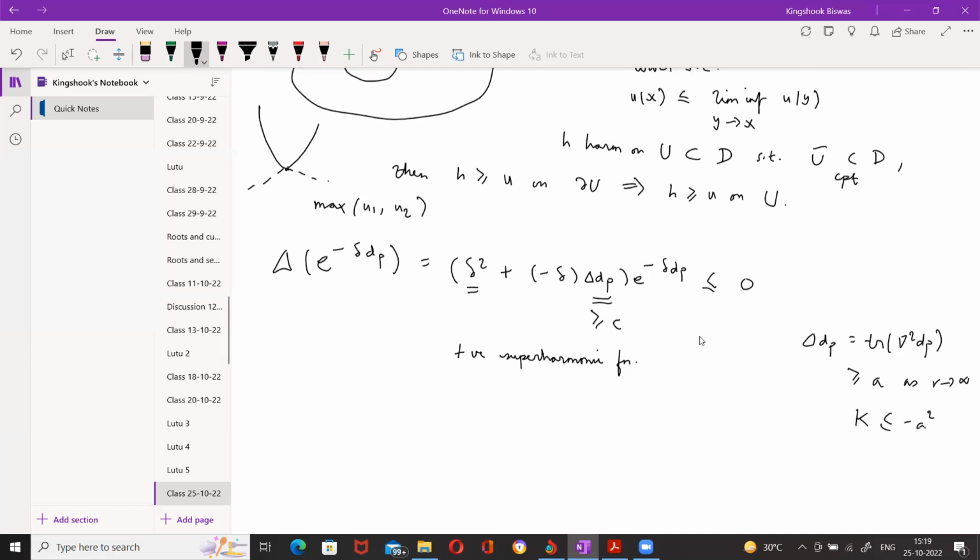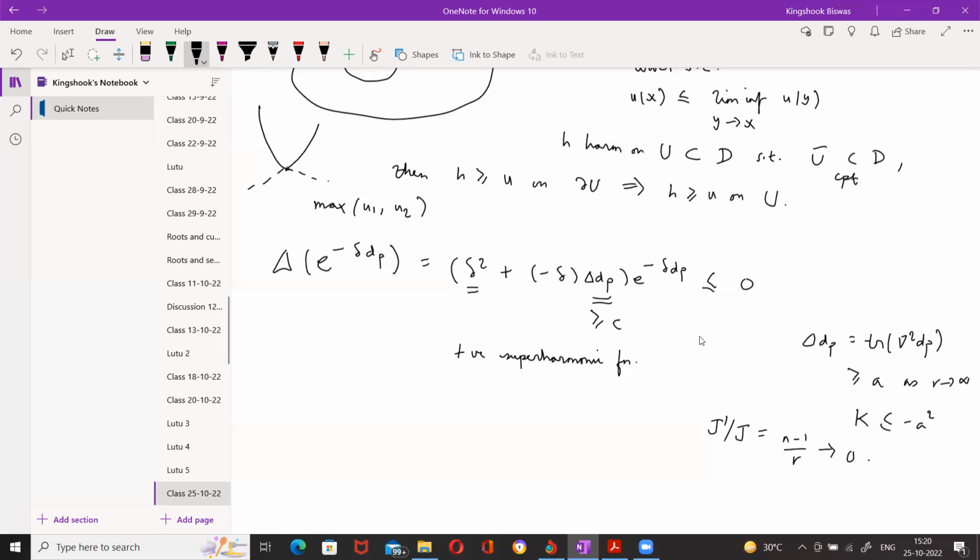Whereas in Rn, this Laplacian goes to 0. In Rn, it's just the logarithmic derivative j prime by j. This is just n minus 1 over r, right? This goes to 0 as r tends to infinity. So in Rn for large r, this term is going to go to 0.